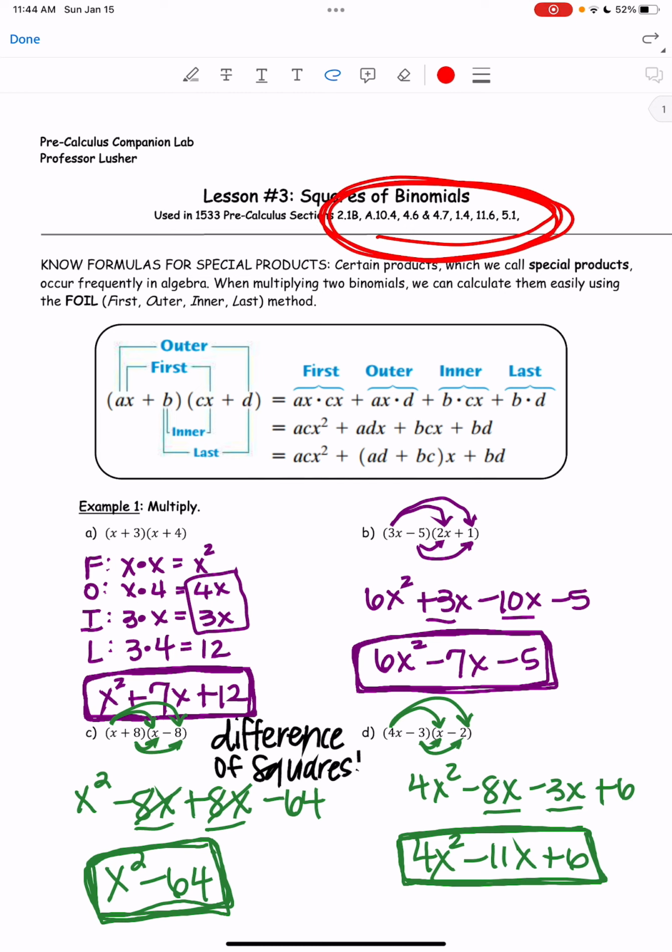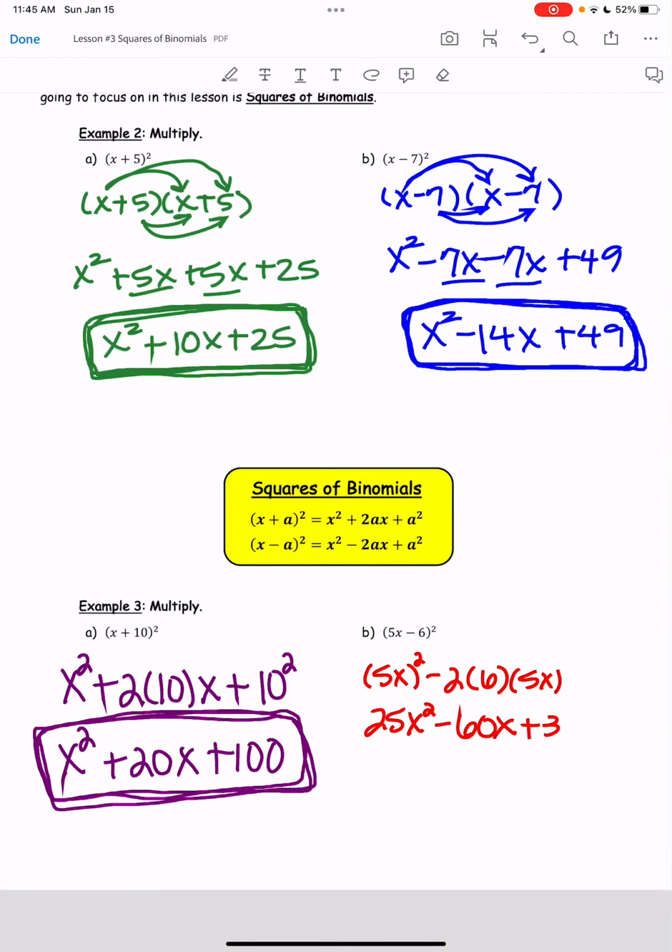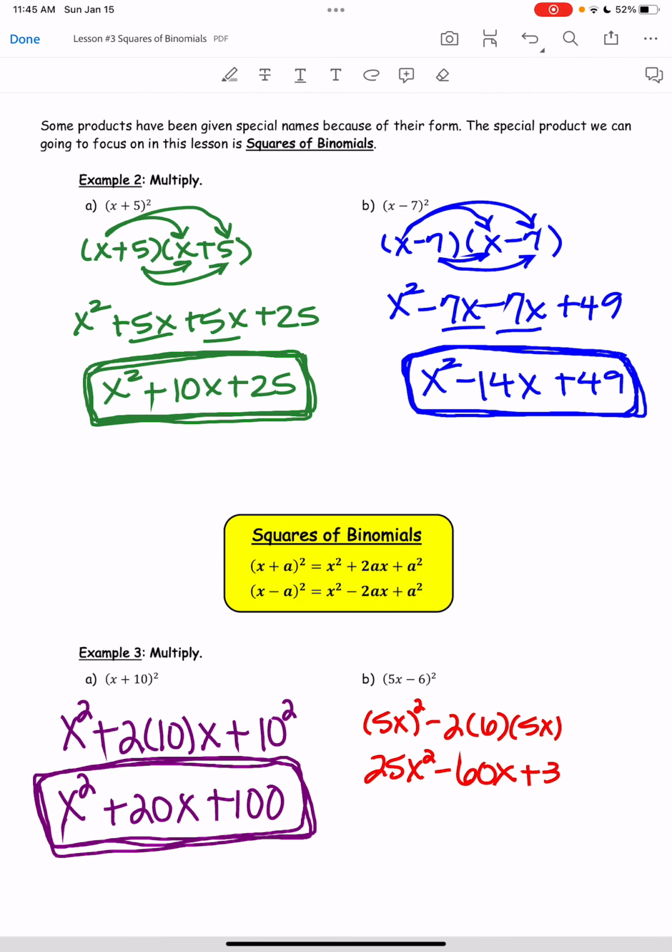Now, we're not going to need it a lot in these lessons. You might need it on 1 or 2 problems. But this is something that is going to keep occurring throughout your pre-calculus. So it is really important that you do know how to do this. Not necessarily the foiling part, but these examples down here, examples 2 and 3.